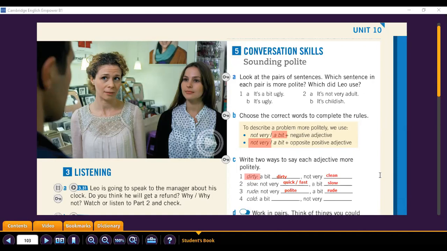Let's continue with the last one, the final one. We have cold. Thank you, Patty and Maffer. It's a bit cold. ¿Cuál será el opuesto de cold?